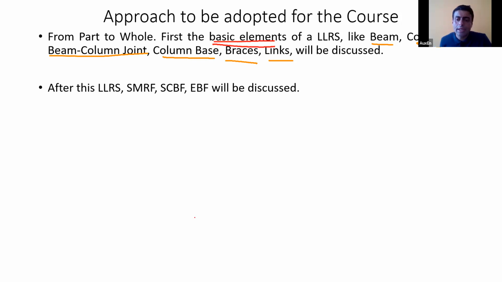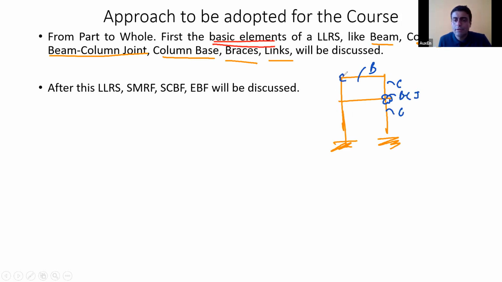Once you integrate these elements together, for example, I integrate my beam. I hope you can see this image. I integrate my beam, I integrate the column, and I put the beam column joint. These are column bases.